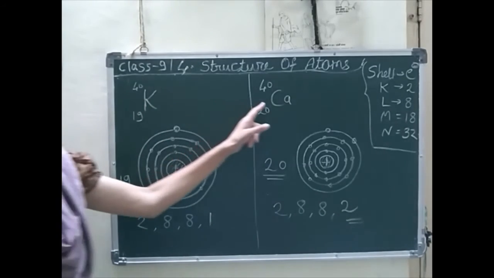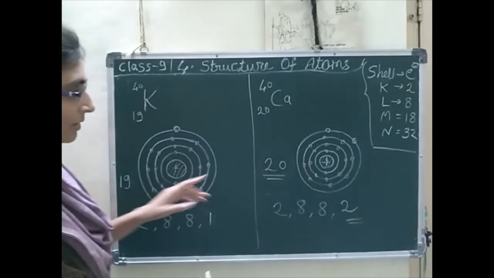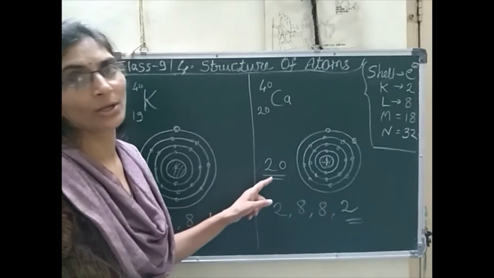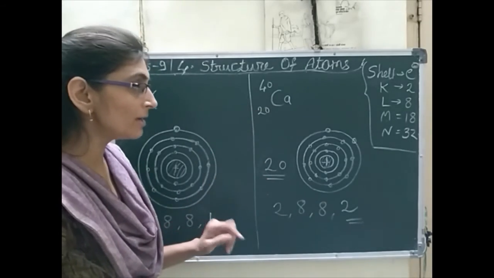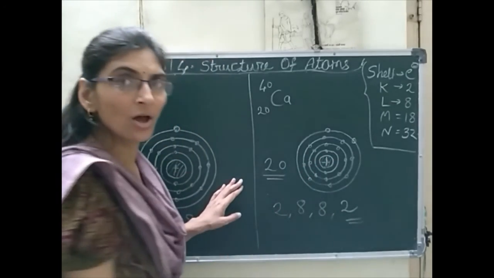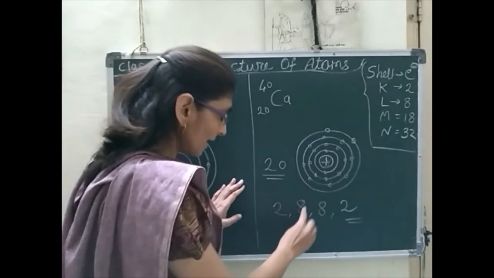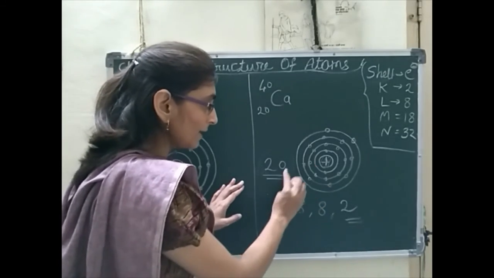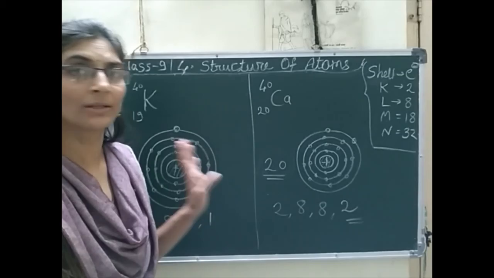Now in case of calcium also, atomic number 20 is here, so calcium has a total of 20 electrons. So how can we distribute? In the first shell 2 electrons, in the second shell 8 electrons. Now after 2 and 8, 10 electrons are remaining with calcium.